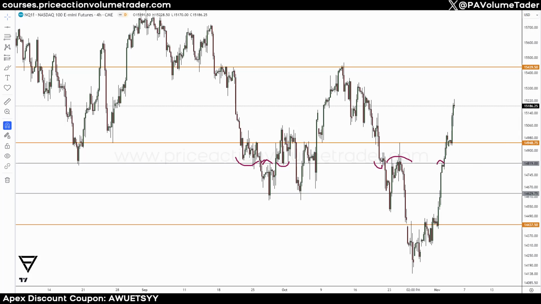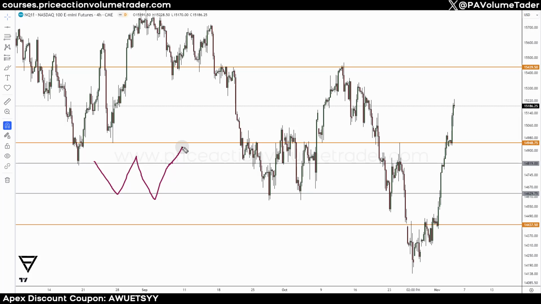Okay, so the purpose of having all these levels is that price tends to, as you know, spend more time in consolidation than in trending moves. So all these levels will usually mark some kind of range that price is going to bounce around in.